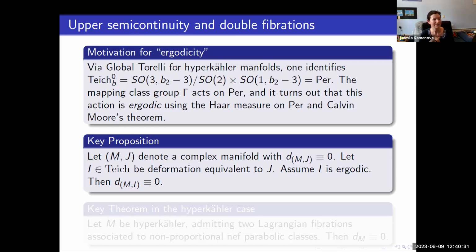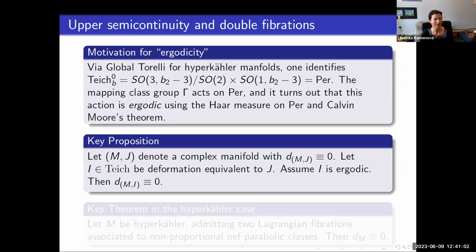So what happens is if you take the diameter of a compact complex manifold, basically this will be the maximum distance between 2 points on the manifold. It's either continuous in families or it can jump up, upper semi-continuous. So if you have something ergodic, then it means that its orbit is dense in the moduli space.